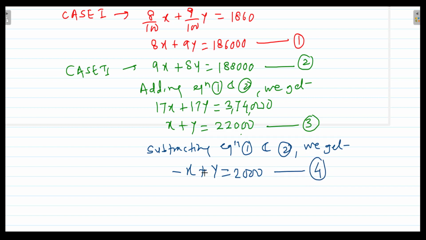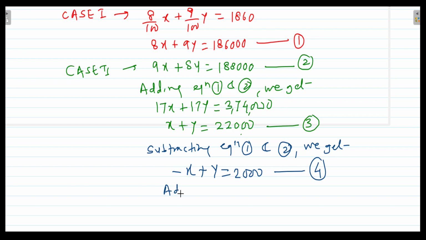Now these two equations are very easy to solve because the numbers are very much reduced. To solve equation number 3 and 4, we will just add these two equations so that x and x will get eliminated.